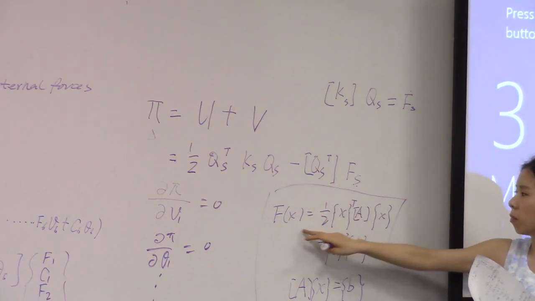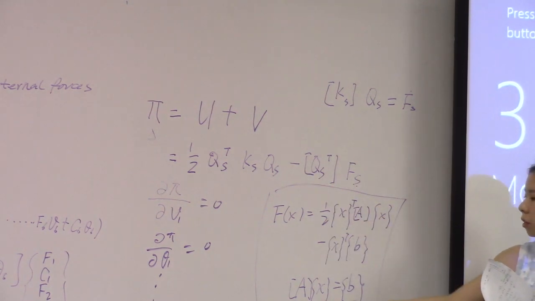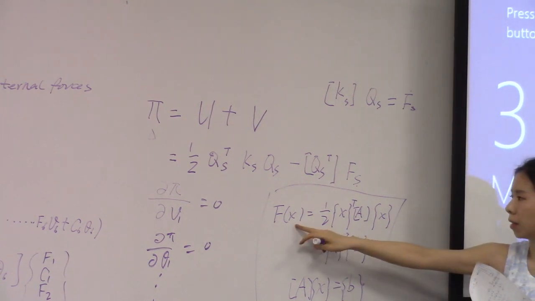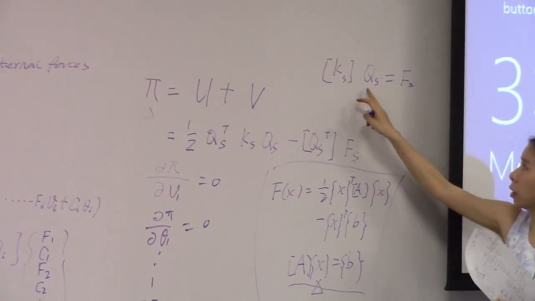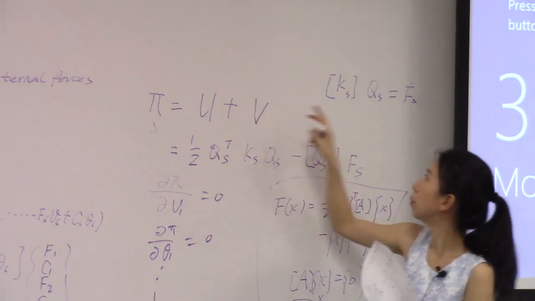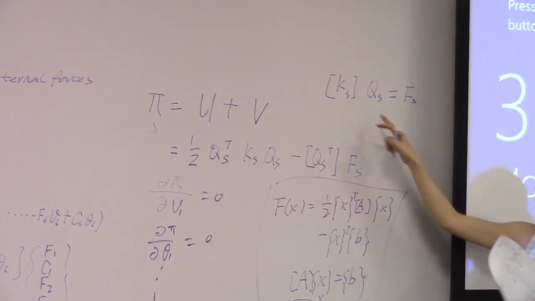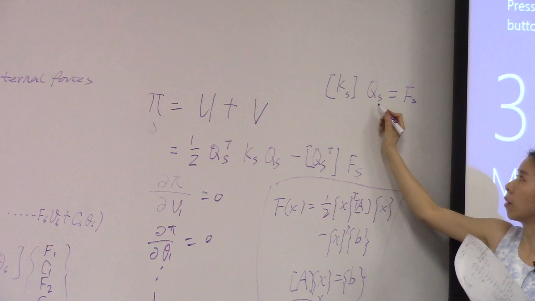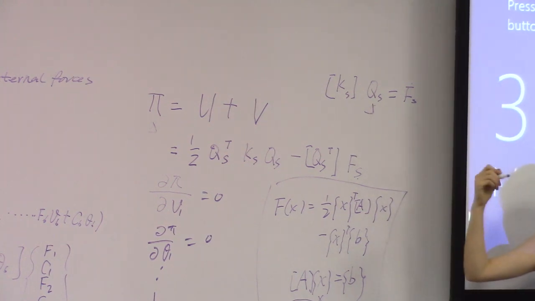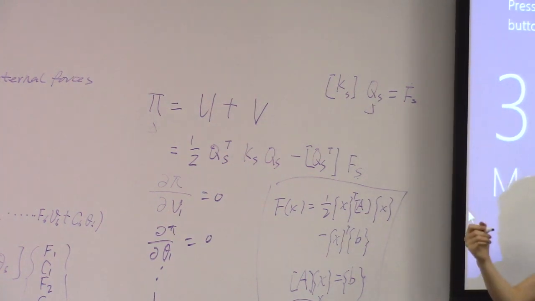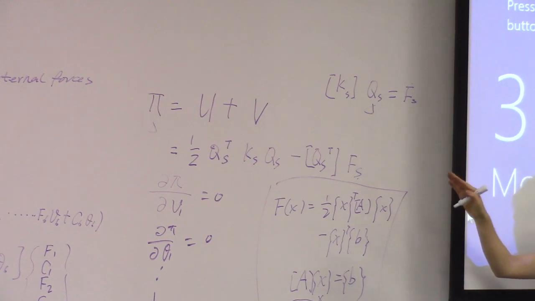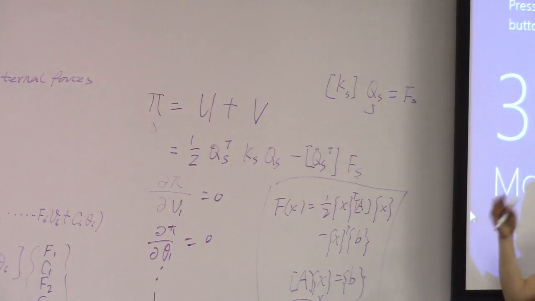This equation is the same form as this one. If this equation can minimize this Fx, then it should make this total potential energy minimized, right? So by calculating this one, I can find one set of V1, theta 1, V2, theta 2, everything to minimize the total potential energy. And that is the result we need.